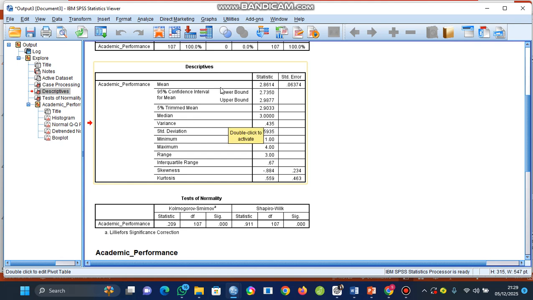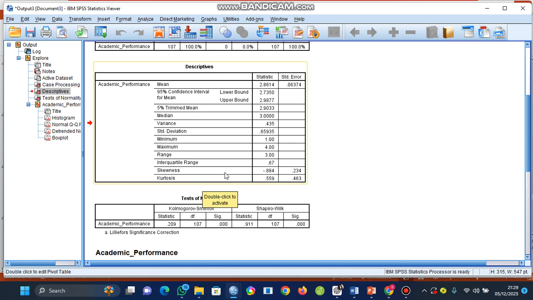Just these two can already tell you that it is not a normal distribution, because with a normal distribution the mean, median and mode are always in the same area. But when you see deviation like this, just know that it is not a normal distribution. And here are the skewness and kurtosis.